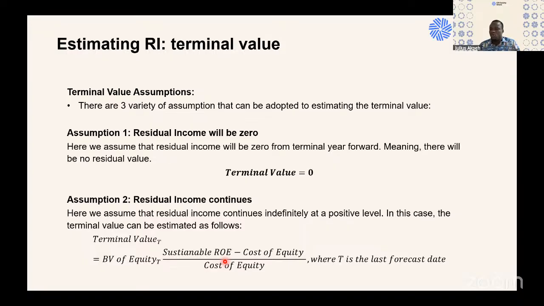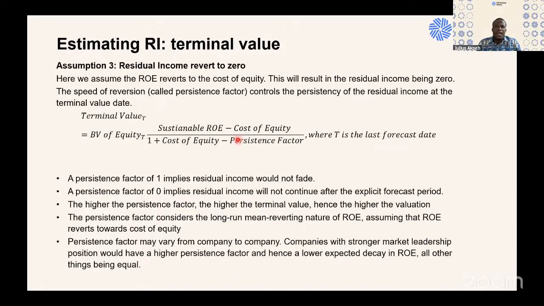So we can now define assumption 2, which is indefinite residual income, as the type of residual income where the persistence factor is 1. Now, if the persistence factor is 0, then it means that residual income will not continue again. The last residual income is the one forecasted at the end of the explicit forecast period, which is the sustainable ROE minus cost of equity, divided by the discount factor for that residual income.